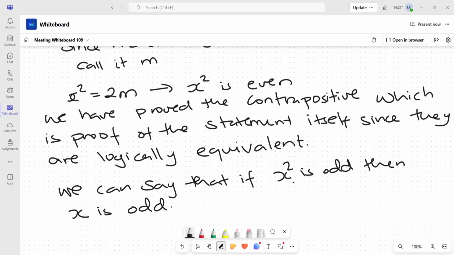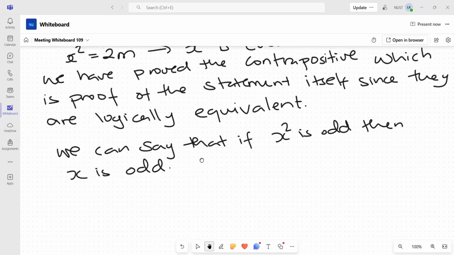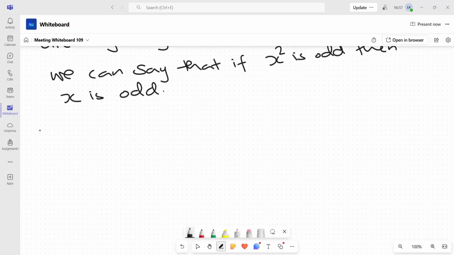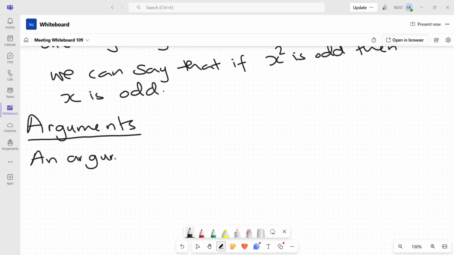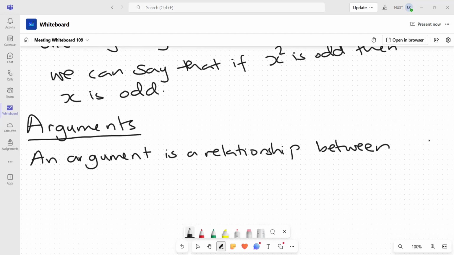Okay, then the next thing we look at are what we call arguments. An argument is a relationship between a set of propositions.